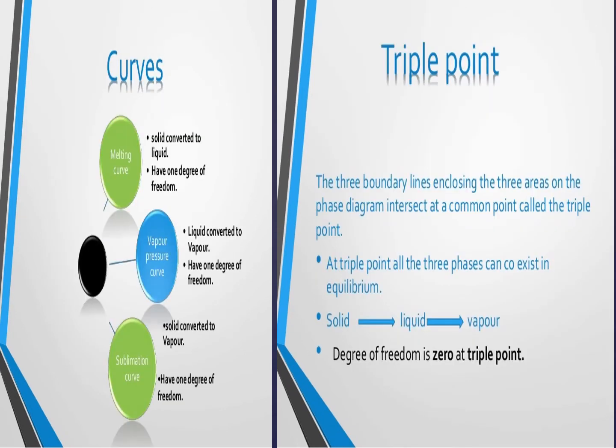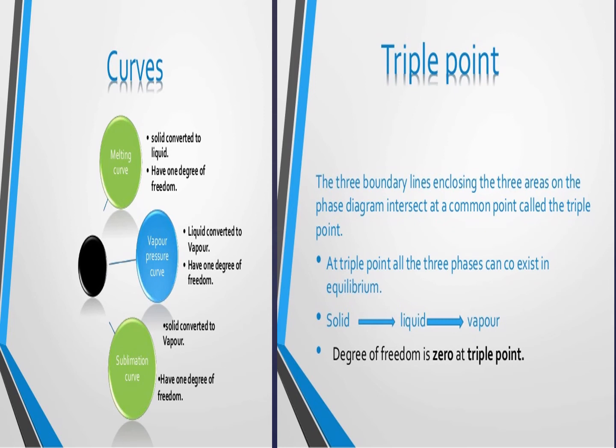And what are the curves in the phase diagram? One is the melting curve, another is the vapor pressure curve, and the third is the sublimation curve. The melting curve is formed when solid is converted to liquid, and it has 1 degree of freedom, so the system is monovariant, F = 1.